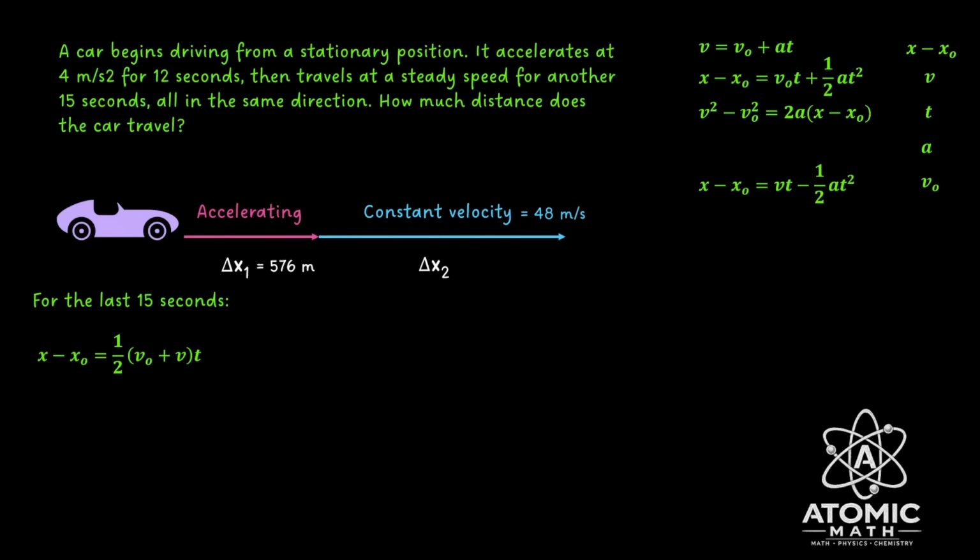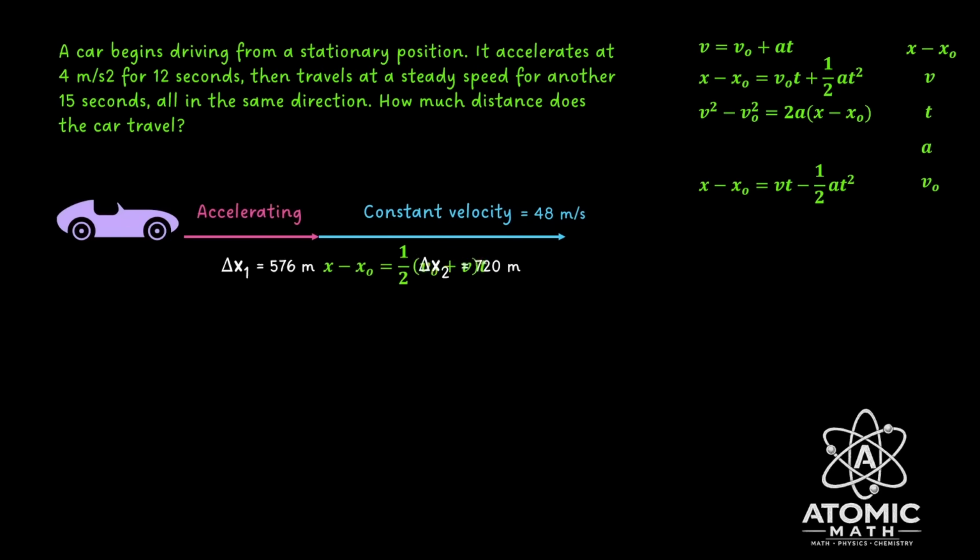Now, of course, our initial velocity and our final velocity are the exact same thing, so I really just have 2v times 1/2, which is just v, so I can just represent that by the velocity. So our distance is going to be the 48 meters per second that we were traveling times the 15 seconds that we traveled. So our change in distance will be 720 meters, which means our distance for the second part was 720 meters.